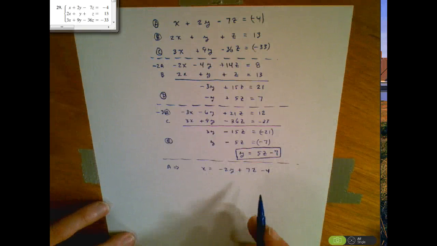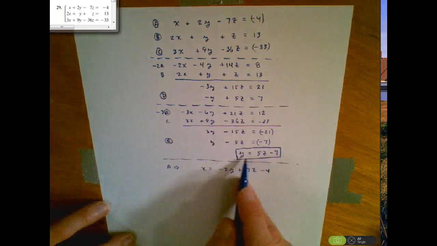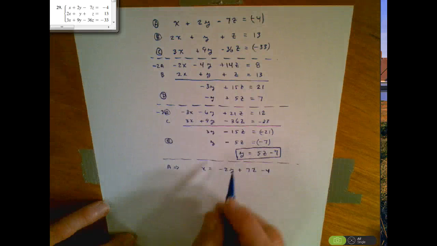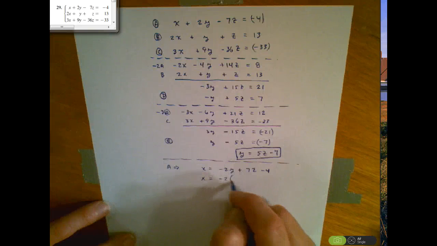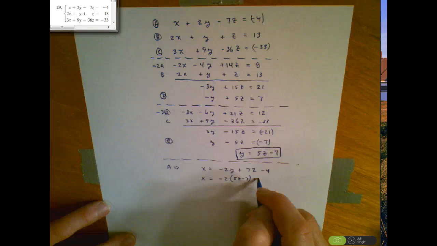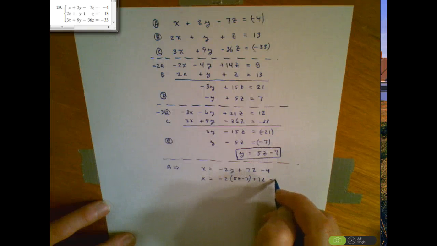Now what I'm going to do there is substitute this y equals 5z minus 7 into this equation, and x is equal to negative 2 times 5z minus 7 plus 7z minus 4.